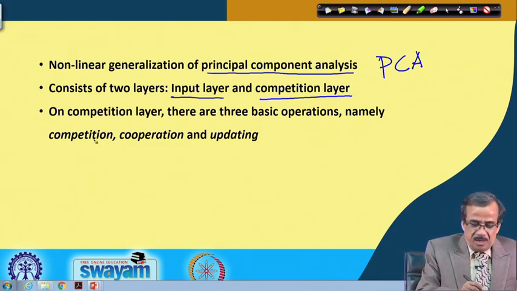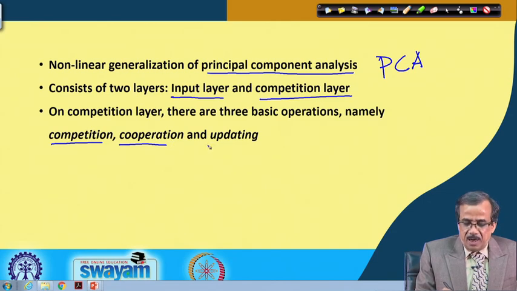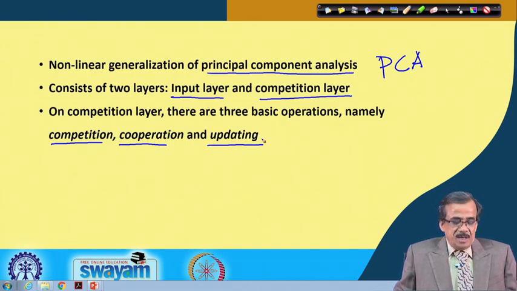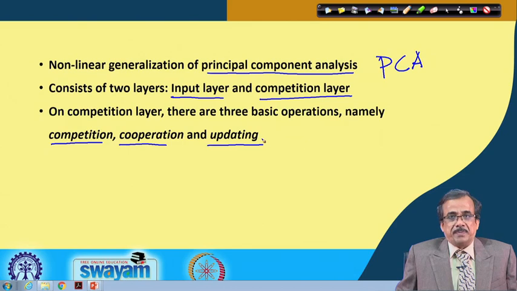Those are nothing but the competition, then there will be cooperation, and after that there will be updating, and through this competition, cooperation and updating, actually this particular network is going to do the mapping from higher dimension to the lower dimension. Now, let us see how does it work.